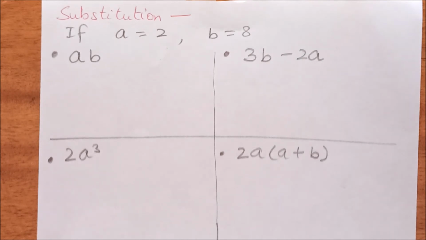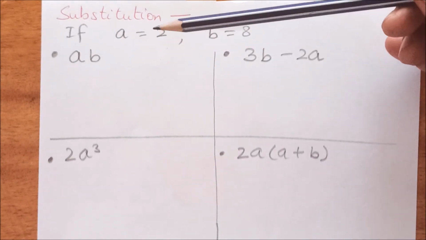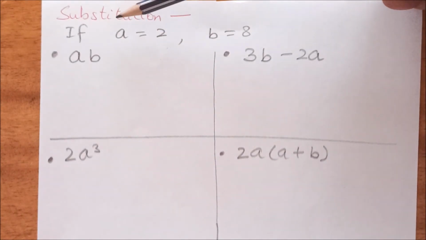Now next is how we will know the values of these variables. The value of the expression depends upon the value of these alphabets. One of the methods is the substitution method. You may be given some values, like a is 2, b is 8.